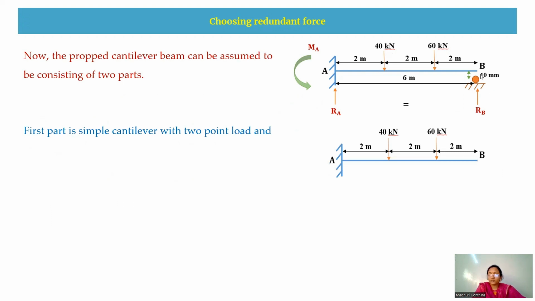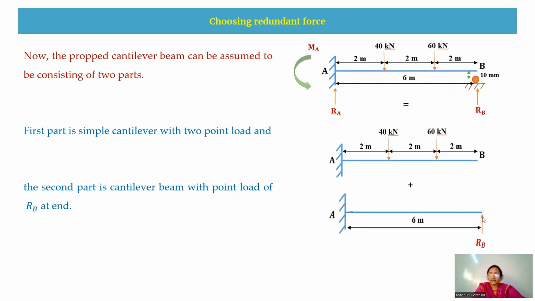Here this support we are removing, making a simple cantilever beam which is having only the external loads. The second part is a cantilever beam with a point load at this B end. Now this vertical reaction RB is treated as a redundant force.